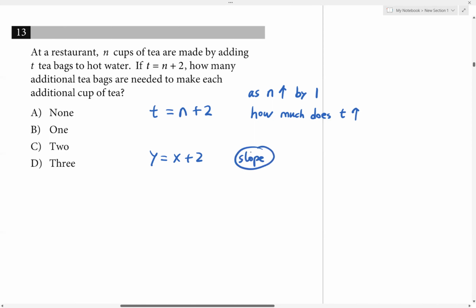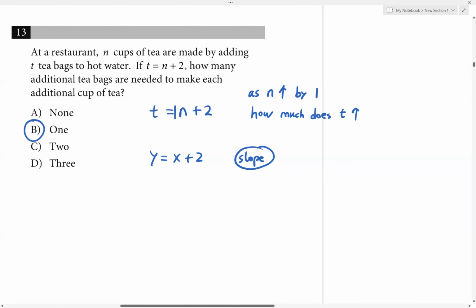This is the rate of change. Slope tells us as x increases by 1, how much the y value increases or decreases. In this case, we can see our slope should be a positive 1. There's nothing in front of it, so the assumption is going to be a 1. So the slope for this equation should be 1, and that should be our answer.